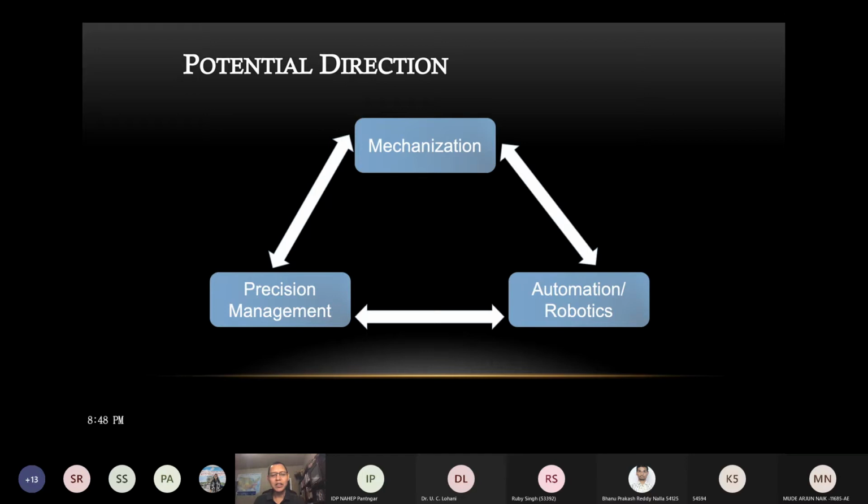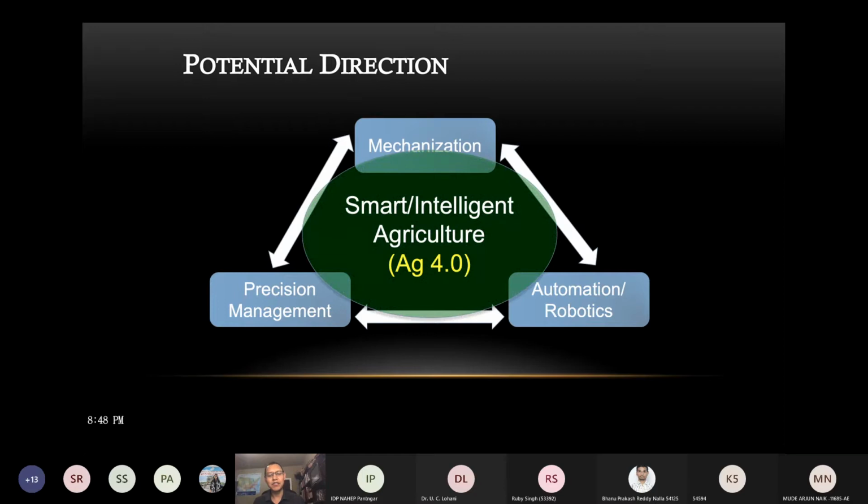All these, when integrated together in a way supported by AI and decision support systems, I think lead us to what we call smart or intelligent agriculture, or agriculture 4.0. And I think this is the direction.